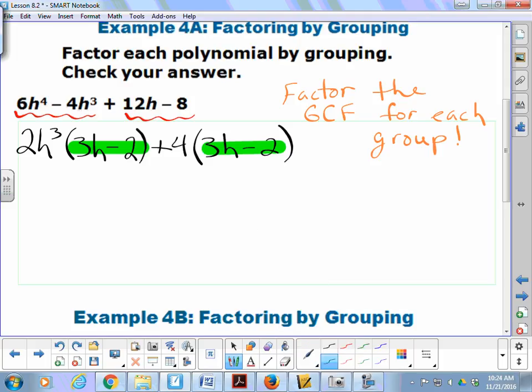Now, there's my greatest common factor again. So I write 3h minus 2. And what do I have left? 2h cubed plus 4. And there's my answer.